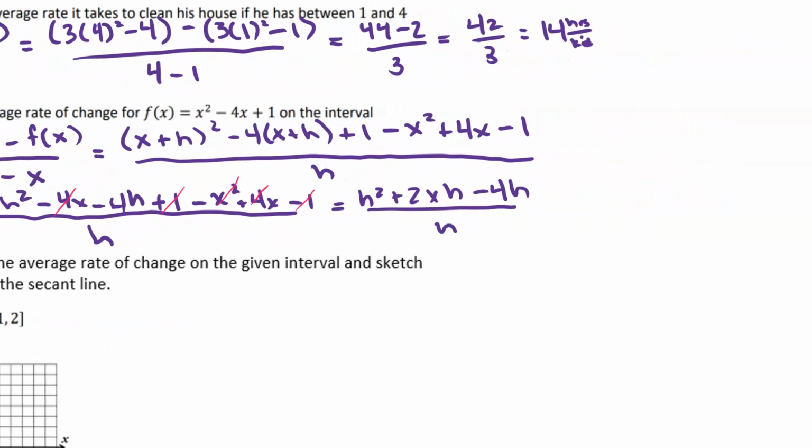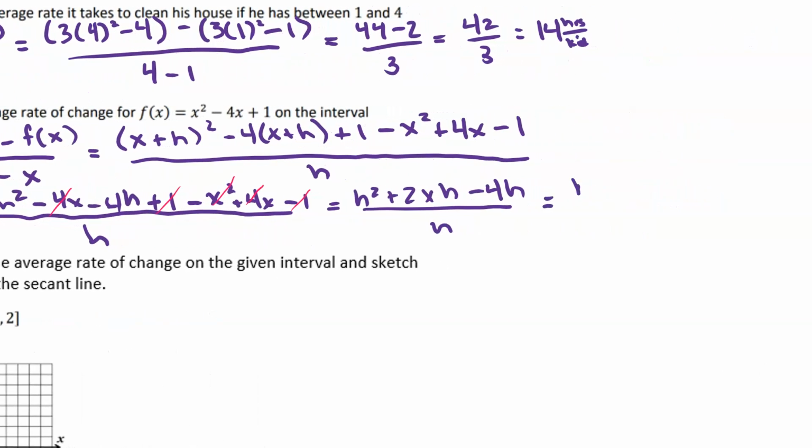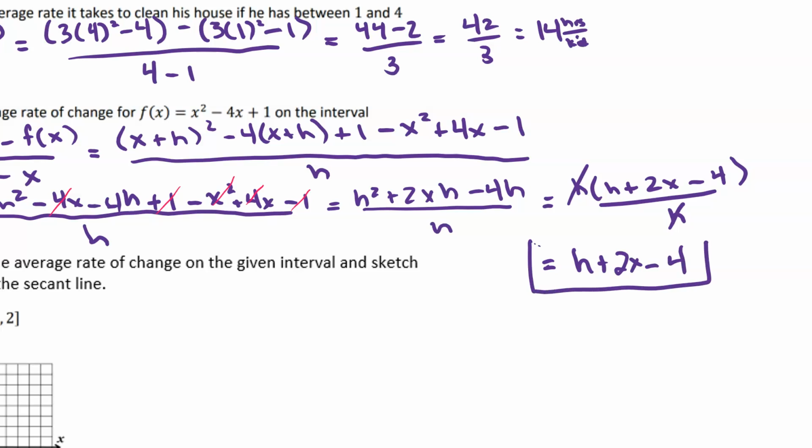You'll notice that we have a common factor here of h. So I can factor that out. And then I've got h and h, those cancel. So my answer is h plus 2x minus 4. And that's the average rate of change on that interval.